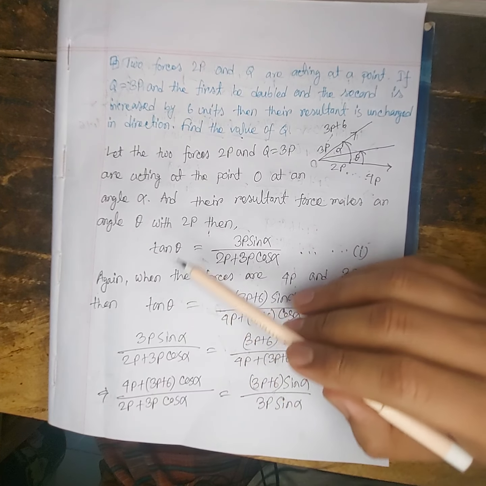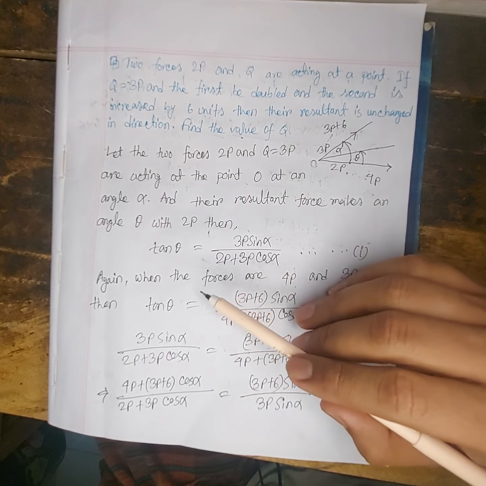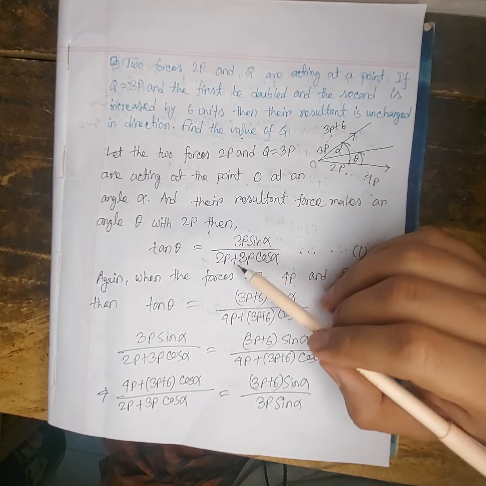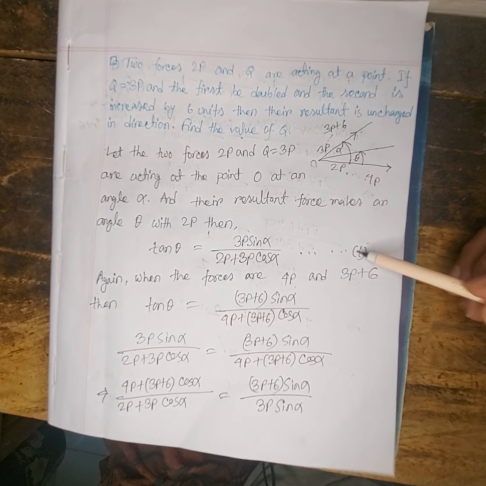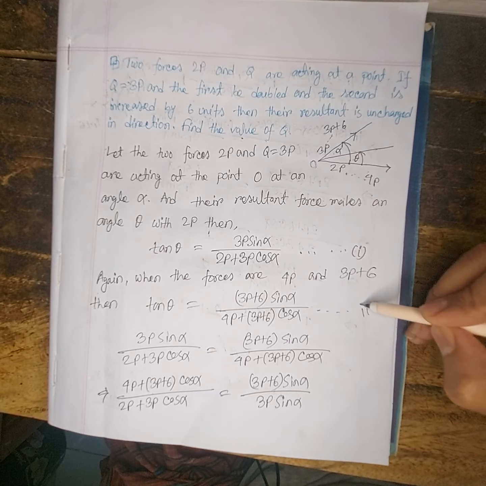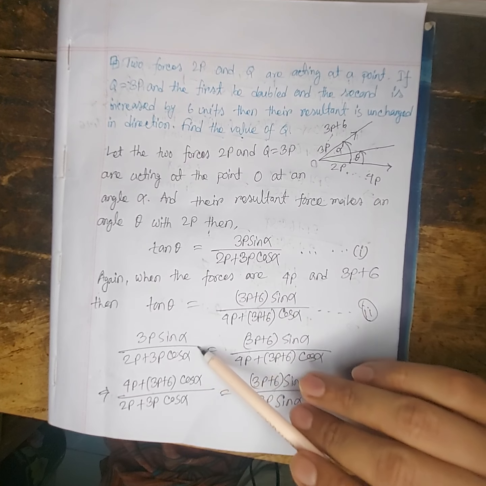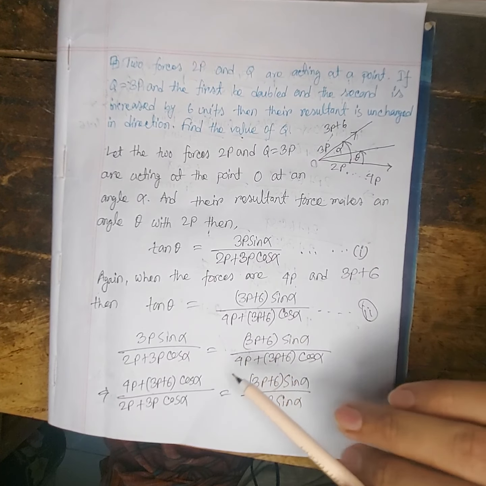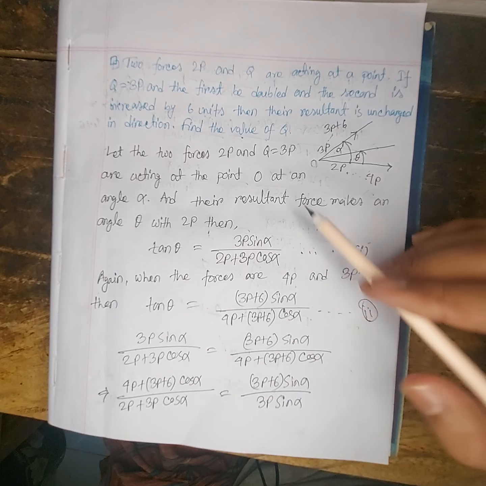Both we get from the direction formula of the resultant, so we can say that these are equal. From 1 and 2 we get this. After algebraic calculation, we have to find the value of q.